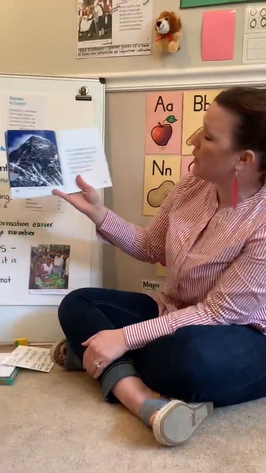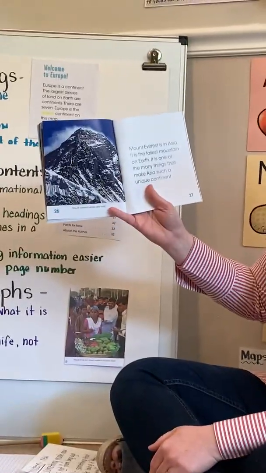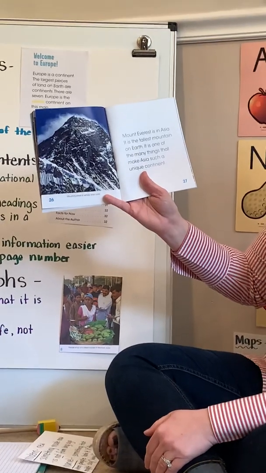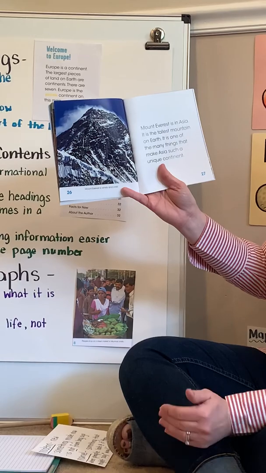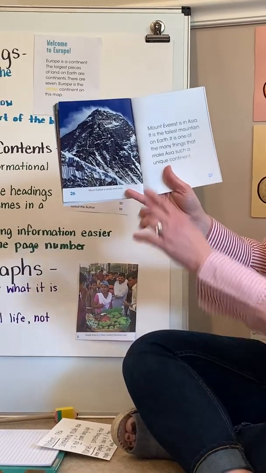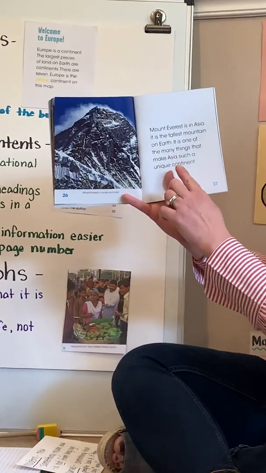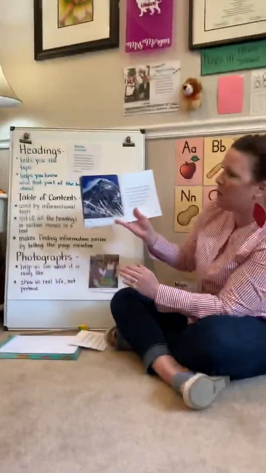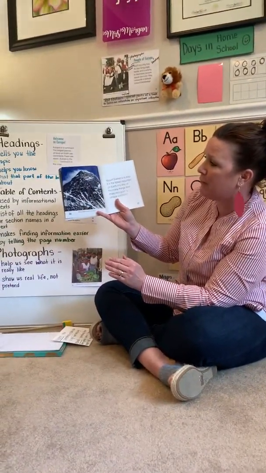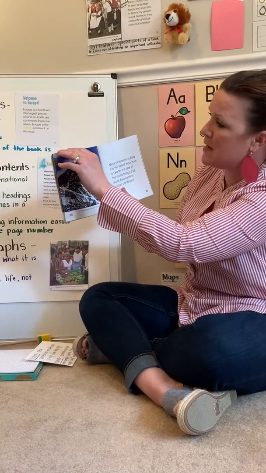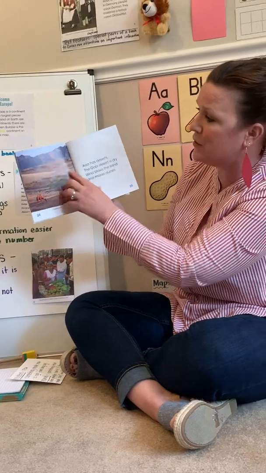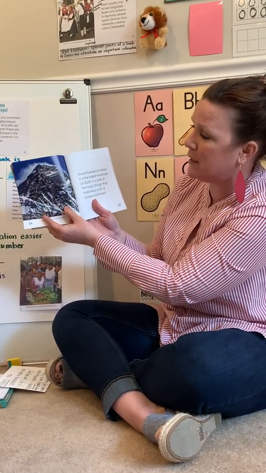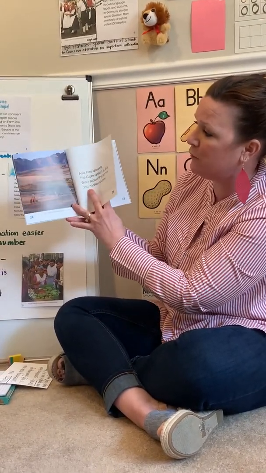And the same goes for the photograph of Mount Everest. You can see that it's very rocky, it's bumpy, it has some snow on it. And those things are not in the words here. I really had to think about what was in the photograph. And then when I'm thinking about the difference between a sand dune and a mountain, I can compare these two photos.